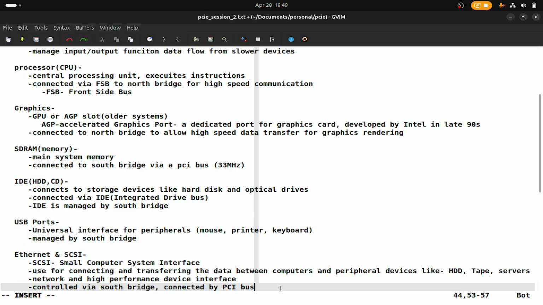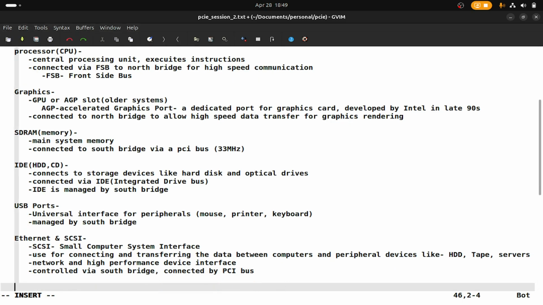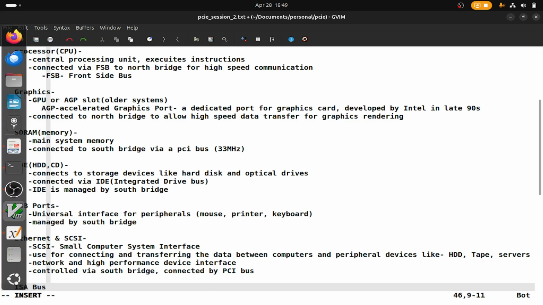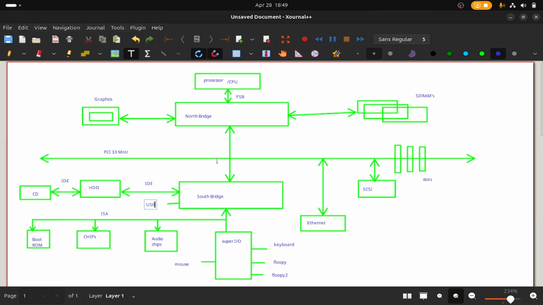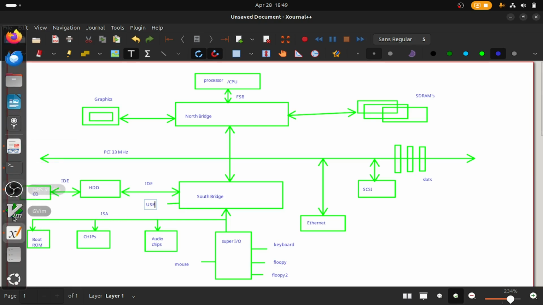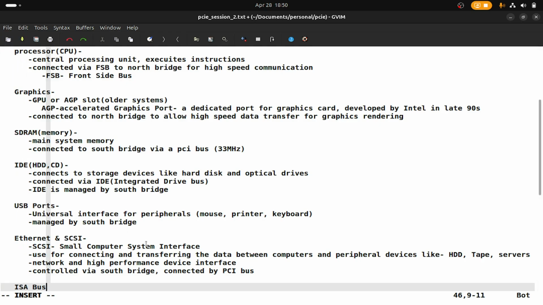Now next point. What is ISA bus and what else? We have that ISA, and let's talk about the bus and peripherals.